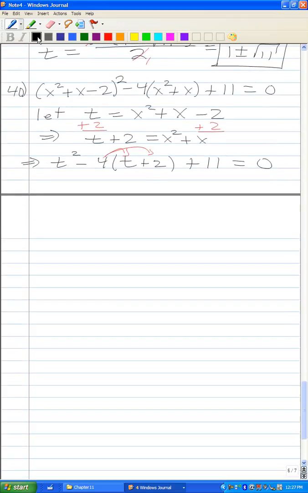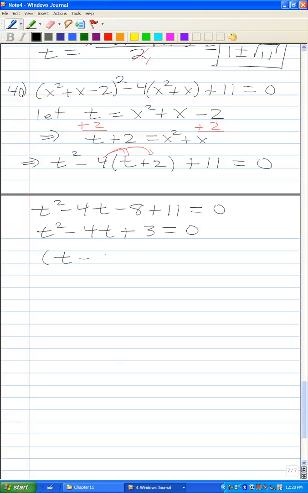And so I get t squared minus 4t minus 8 plus 11 equals 0. Combining like terms, I get t squared minus 4t plus 3 equals 0.